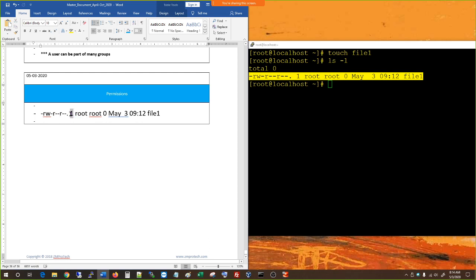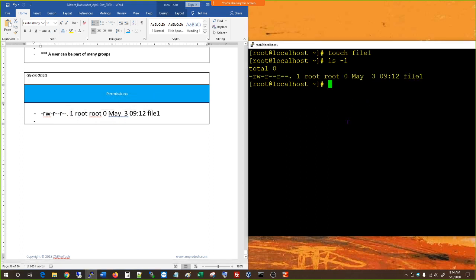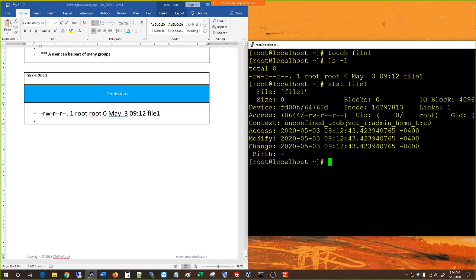Oh, you know what, hold on. Okay, sorry. When you say 0 here, this is the size of the file. And then this is root, the group, and here is the owner.